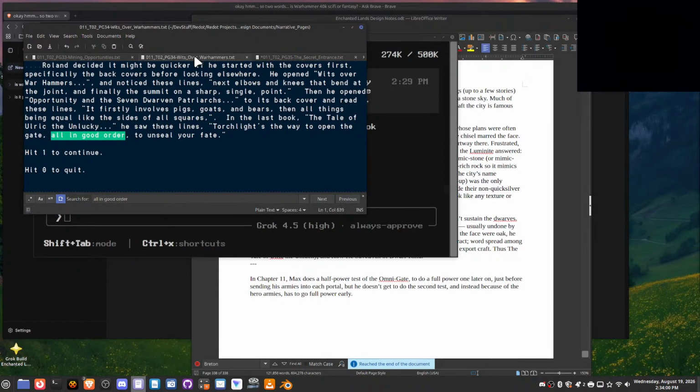And what do we say? Torchlight's the way.